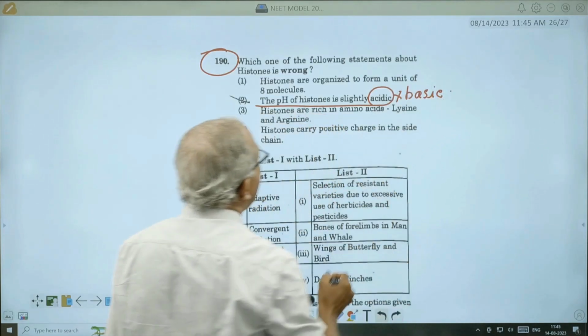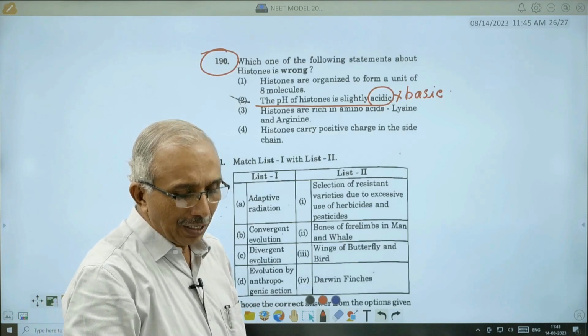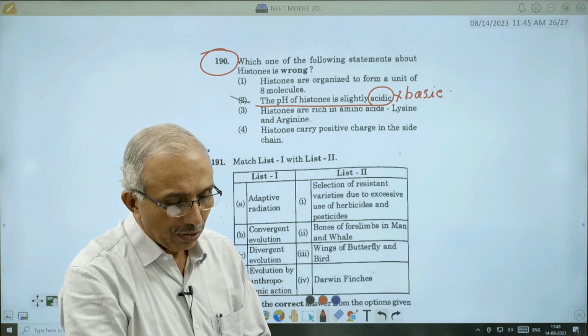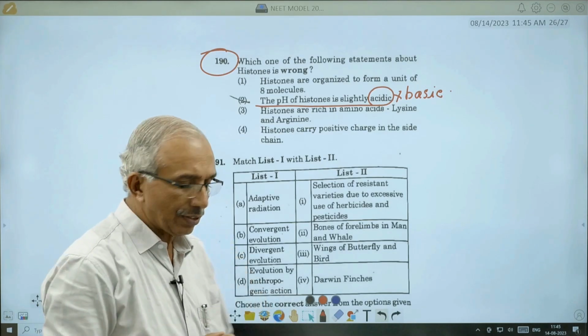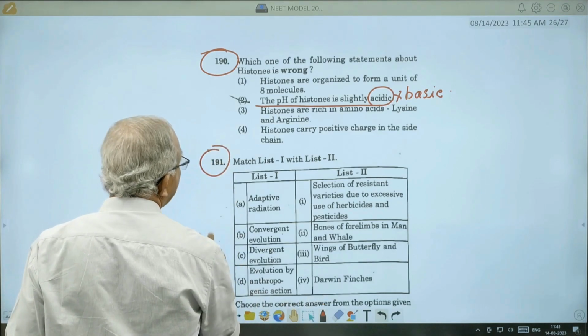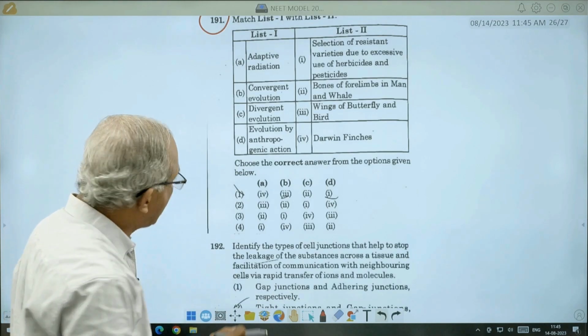Histones are basic proteins. Then 191. The answer is 1.